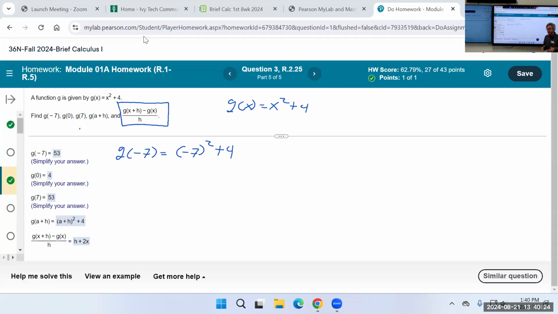You should have seen this before. This doesn't mean g times -7, it means I'm plugging -7 into the function. That's the input. Whatever comes out would be the output. So this is -7 squared, which gives me 49, plus another 4 gives me 53.